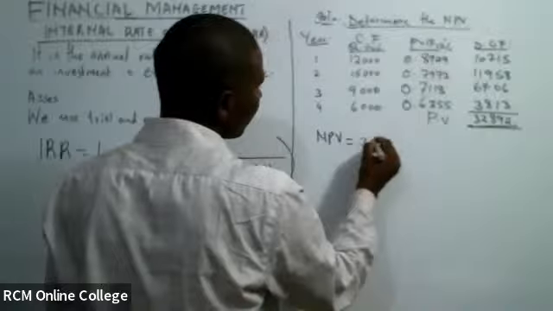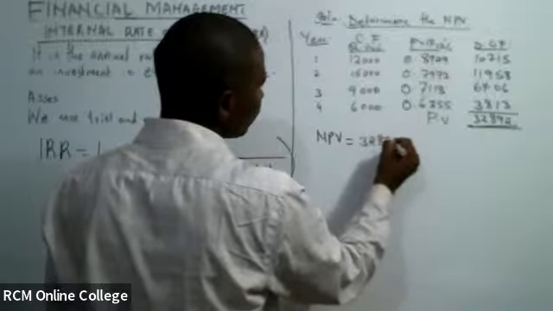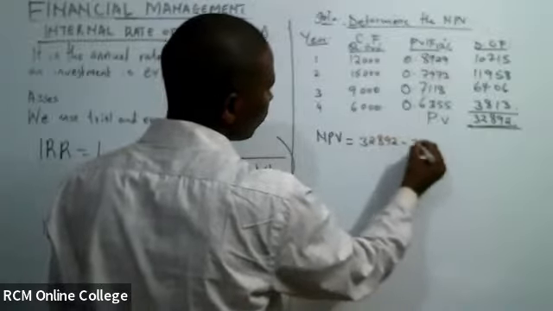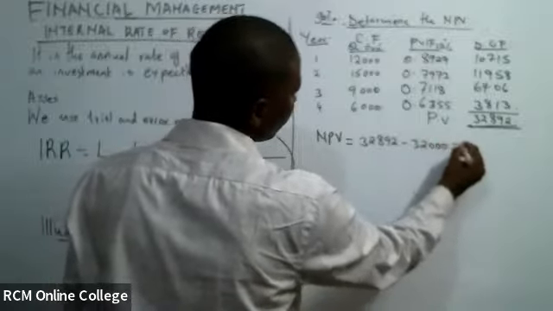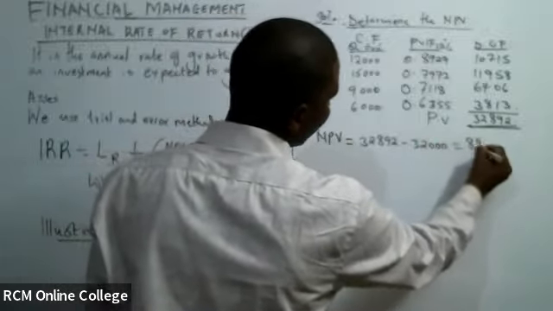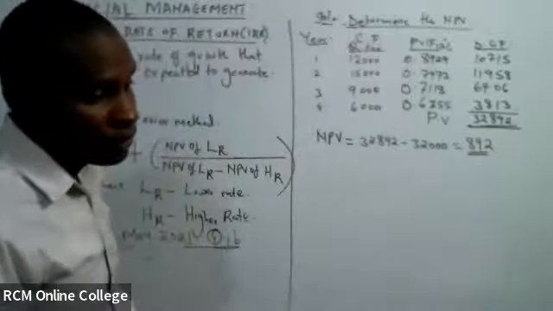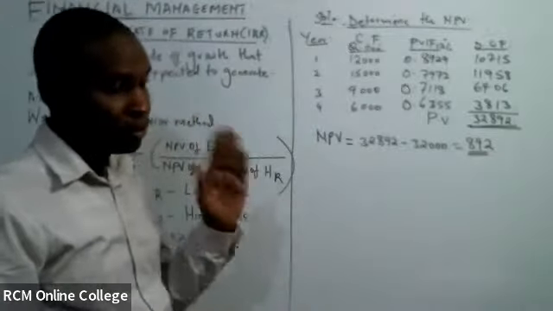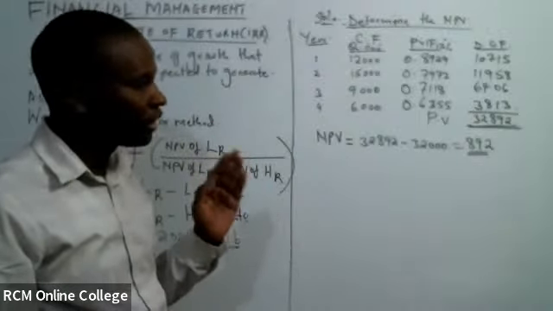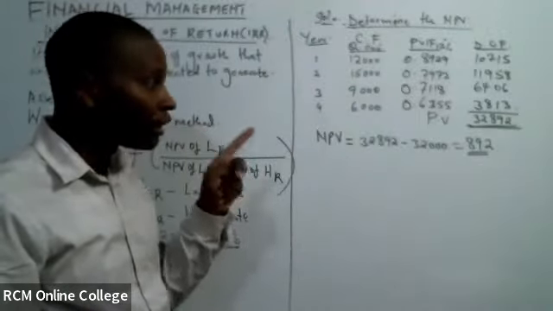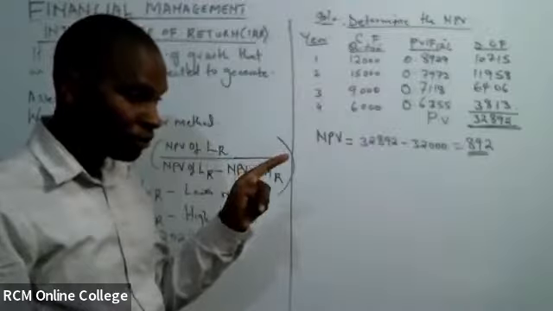It's given by 32,892 minus the initial outlay of 32,000. What is our net present value? 892. Now, step 1 done, and we have gotten a positive NPV.